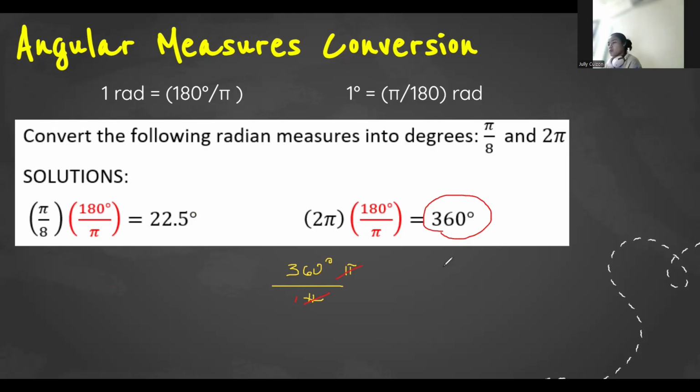And that is why a full revolution of a circle, half of it is pi. Half of a circle is pi. Pi plus pi, so that is equal to 2 pi. So ang whole revolution sa circle, that is 2 pi. In degrees, that is 360 degrees. Okay?